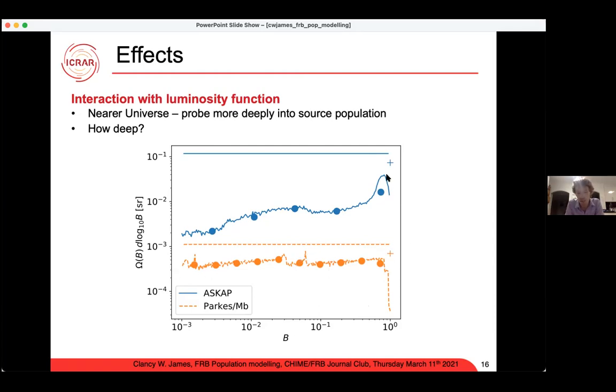These crosses are what you get if you use a simple full width half max times number of beams times characteristic sensitivity. And because modeling a full beam shape is annoying, I use a numerical approximation where I take just a finite number of points and model that. You'll see that with ASKAP there's a huge difference between the naive Gaussian approximation and this, simply because the ASKAP beams overlap at the half power point.